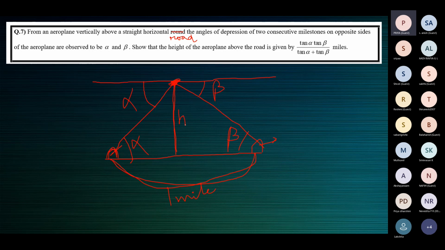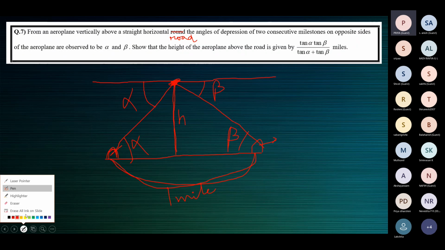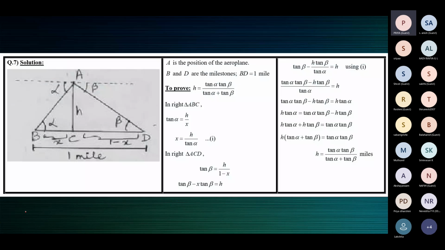So when you get H is equal to, that means height of the aeroplane above the road is equal to. Please write down the proof, children.